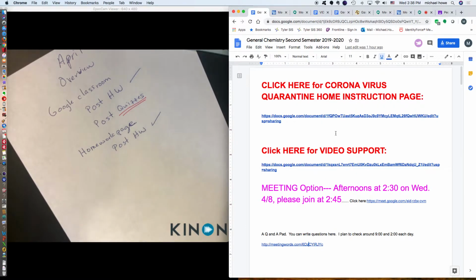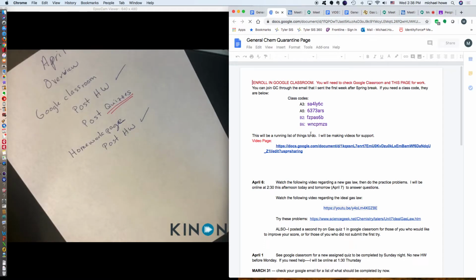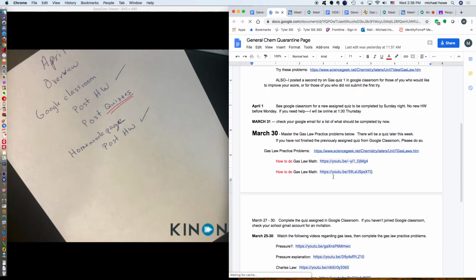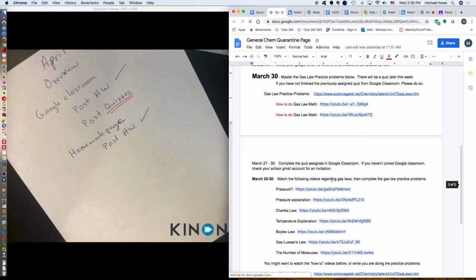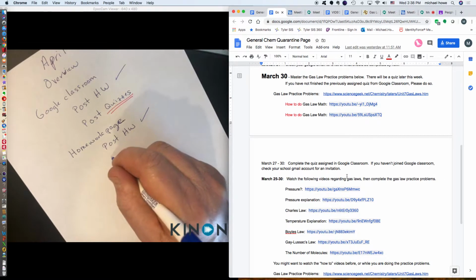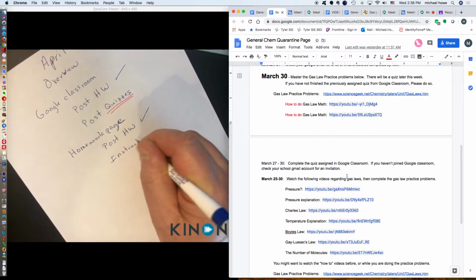Now let's take a little closer look at the coronavirus home instruction page. What I've been trying to do is day by day as we go through, give you more direct instruction. The way the instruction is going to work is I'm going to write down on the homework page, you'll find instruction.